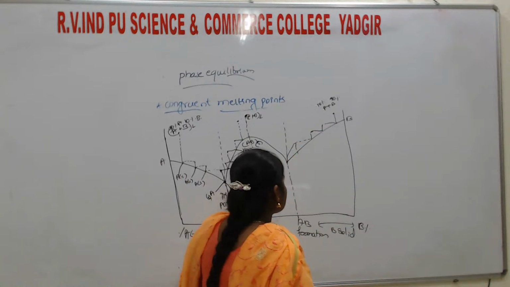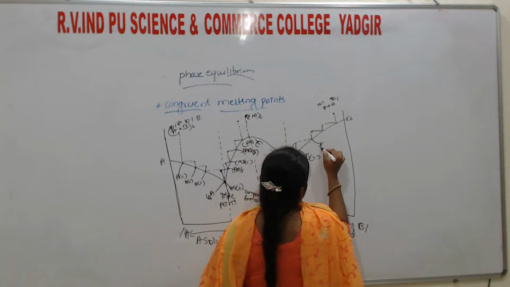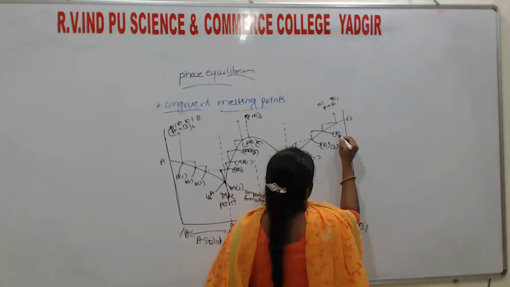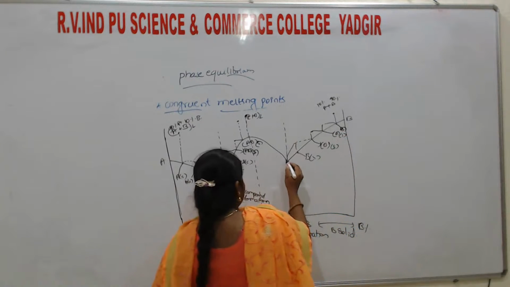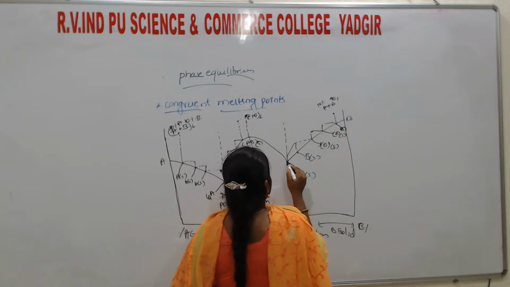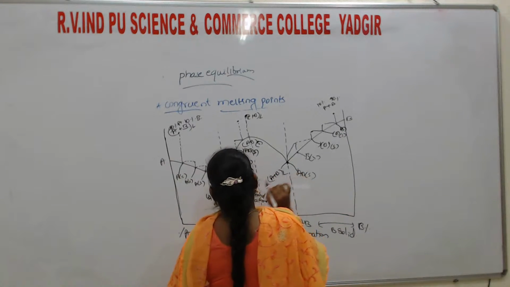Here also B is solid, here B is a solid, and here also B is solid. Here this is AB solid and A plus B liquid.